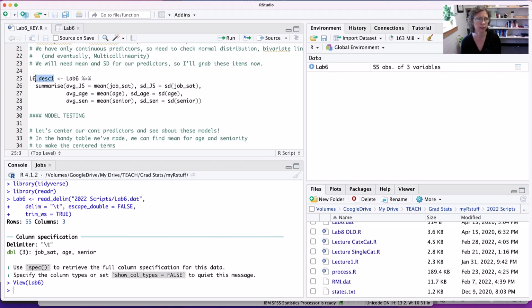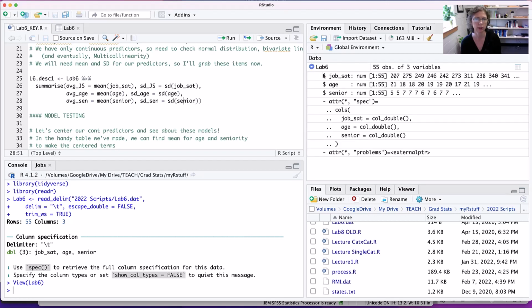It says make me something called L6 describe, assigned by lab 6, then summarize some new items. These are the variables that will be in it. Average JS, which is going to be the mean of job sat, SDJS, which is going to be the standard deviation of job sat, and so on for age and also seniority, which in this data set is called just senior. You can see the names of the variables there.